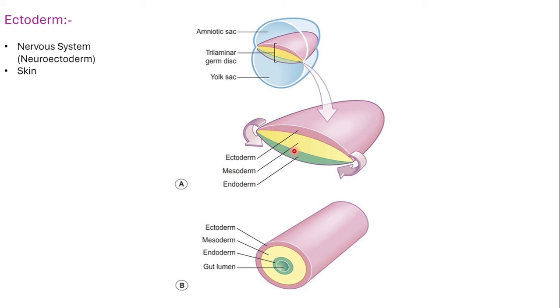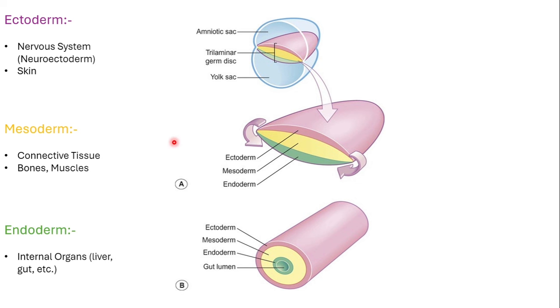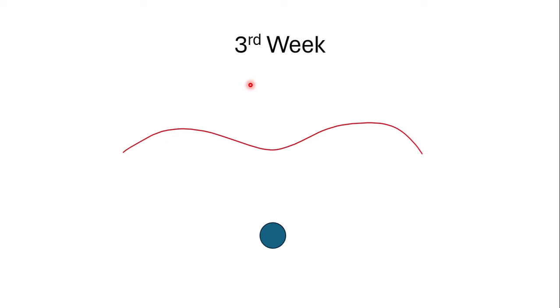Then the mesoderm provides us with the connective tissue of our body, the bones, the muscles, the cartilage, all that stuff. And then the endoderm provides us with all of our internal organs, such as the liver, the gut, etc. All right. So during the third week, the neurulation starts and our body starts forming the nervous system.